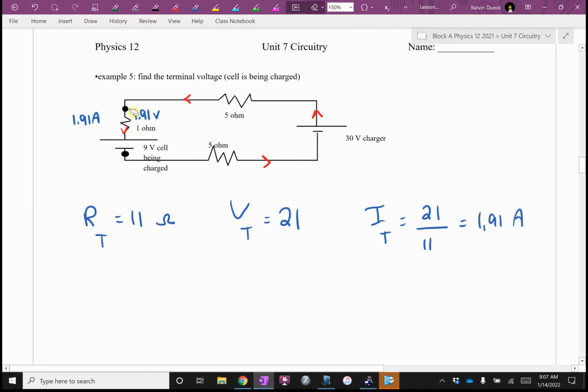If you actually measure the terminal voltage here and here, we gain 1.91 and we gain 9. The terminal voltage, if you measured the voltage across this battery, is actually 10.91 volts. And it's that extra 1.91 volts that's slowly recharging this battery.